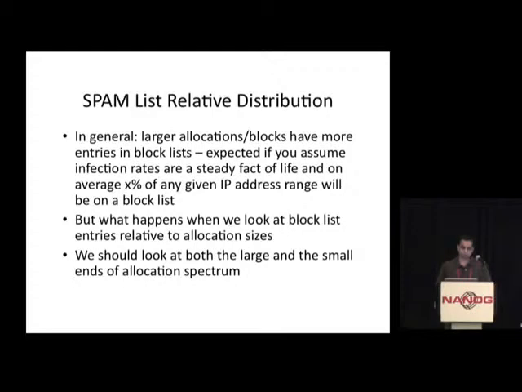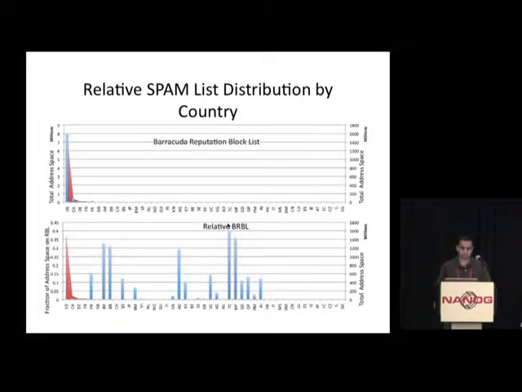One interesting thing that we do want to look at is what happens when you look at the relative percentage, or fraction, of a network or a country that might be on a block list. And then you see something interesting starting to emerge. The top graph is just pure counts of IP addresses per country that are on a blacklist, the Barracuda list. On the bottom, you're looking at the relative distribution, that is, the fraction of the total addresses allocated to a country that is on a list.